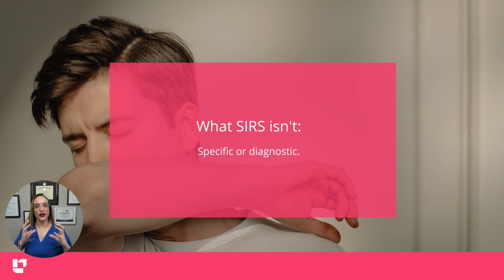It's not specific, so we cannot say with certainty that if you have SIRS, then you have had infection or tissue insult or something along those lines. Those things are possible, but we can't say for sure. And it's not diagnostic. You are not diagnosing a patient with SIRS. SIRS is a finding. It is what you are observing in this patient that then should help us to get to the point of being able to diagnose the primary cause of this condition.